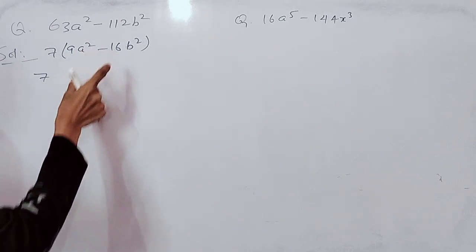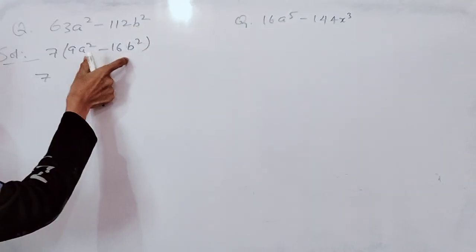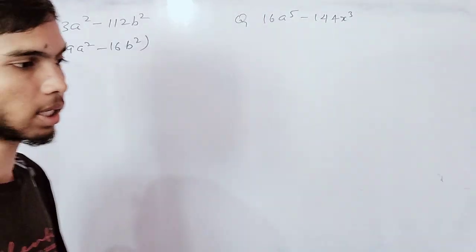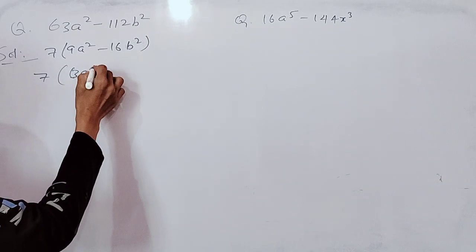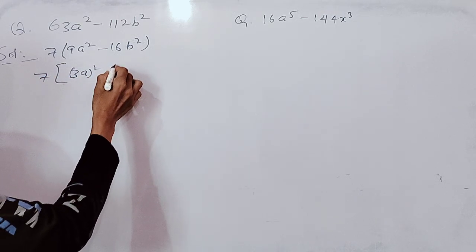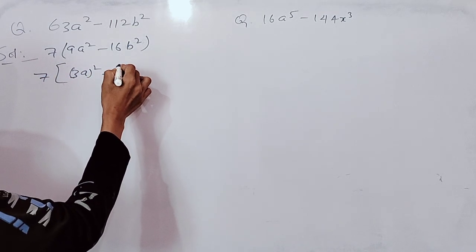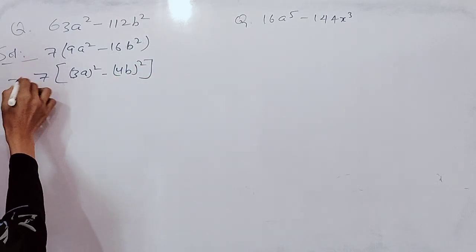Here we are observing that we can apply algebraic identities in this bracket because it is a square minus b square. So here it can be written as 3a whole square minus 4b whole square. Yes, 7 will be as it is.